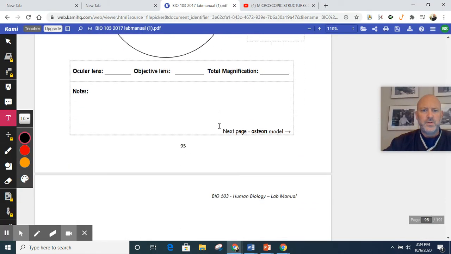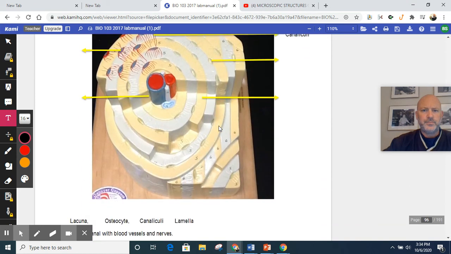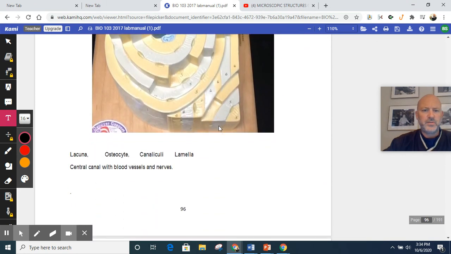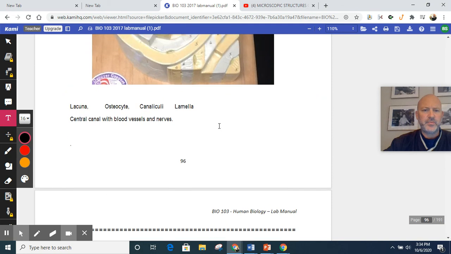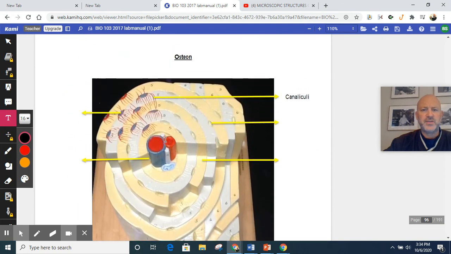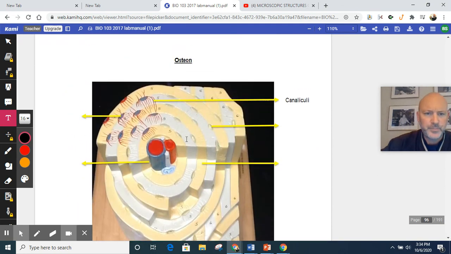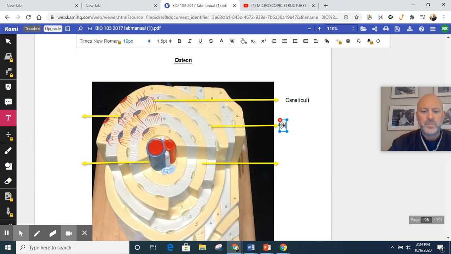So how can we label this? What do we have to label? We have to label the lacuna, osteocyte, canaliculus, and lamella. Well, this is the lacuna with an osteocyte. This is a lacuna without an osteocyte. So let's label this one lacuna over here. Remember, lacuna is just an empty chamber.